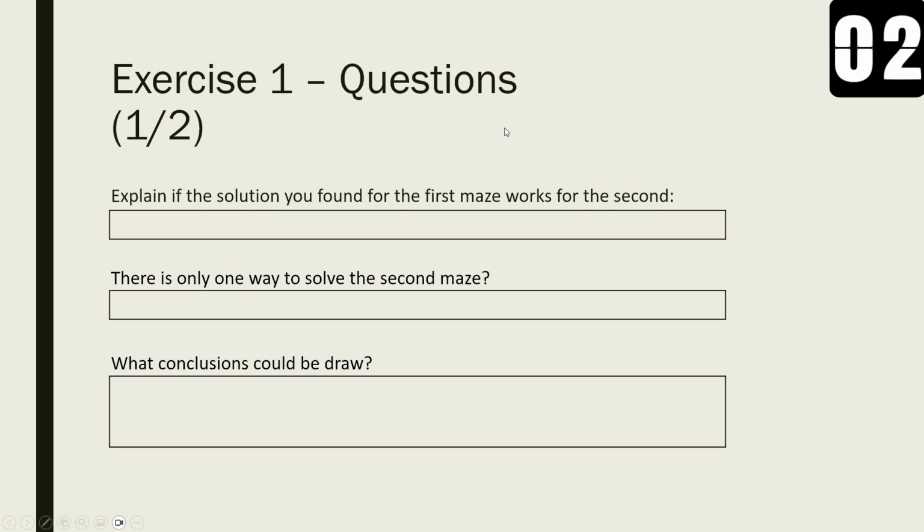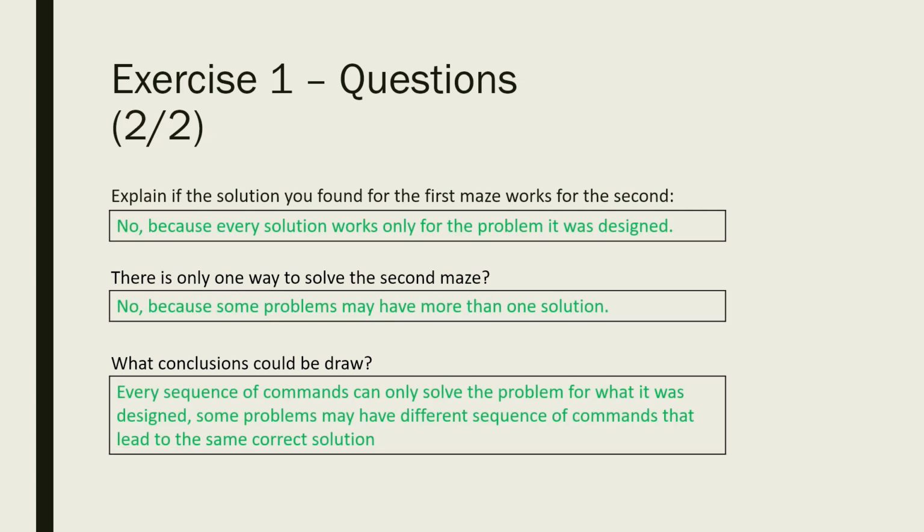Each of these questions could sound a little bit silly, but they have an important meaning. Now, explain if the solution you found for the first maze works for the second. Of course, no, because every solution works only for the problem it was designed for.